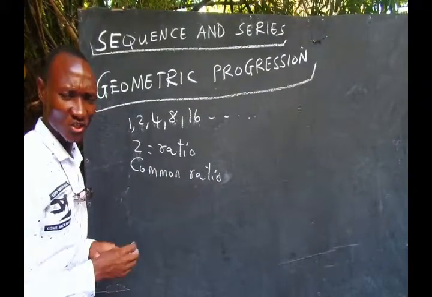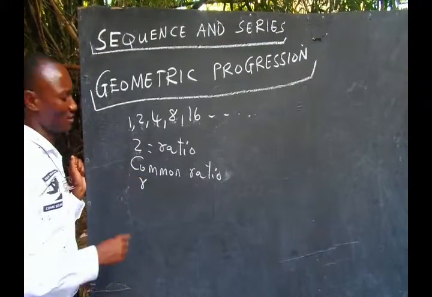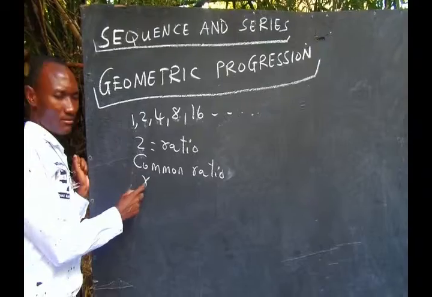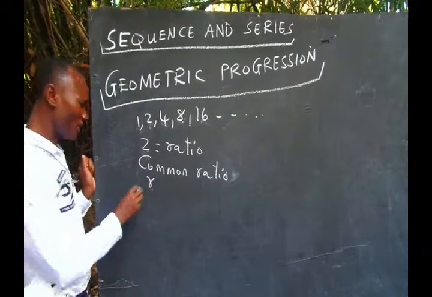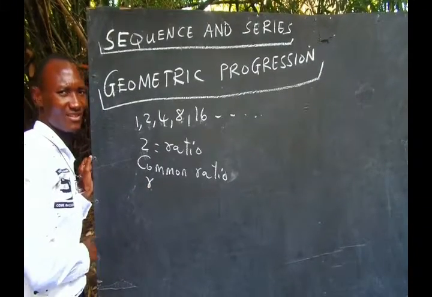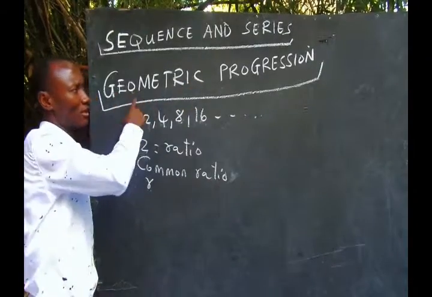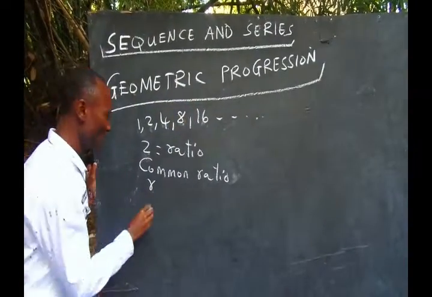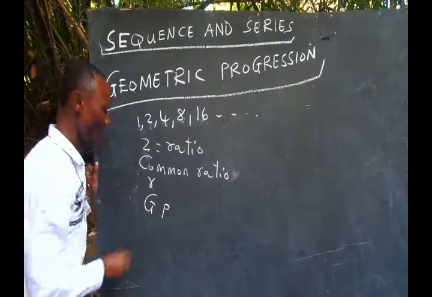Common ratio is denoted by small letter r. This is the common ratio. So when you see r, it is the common ratio in mathematics, my best friend. But the symbol of geometric progression is GP.